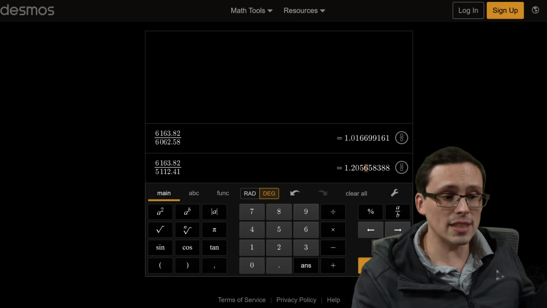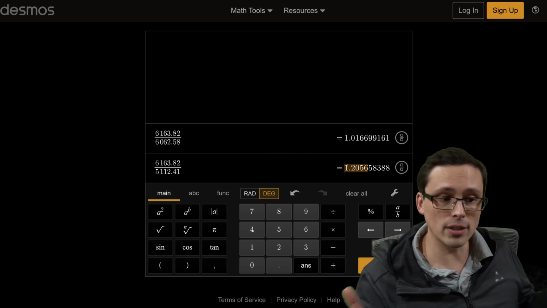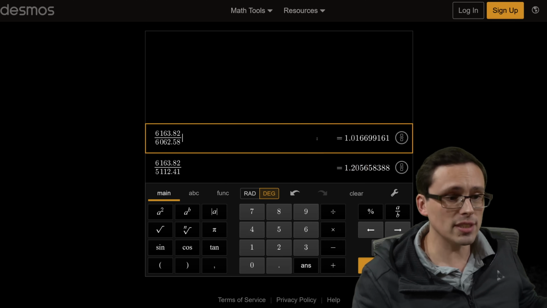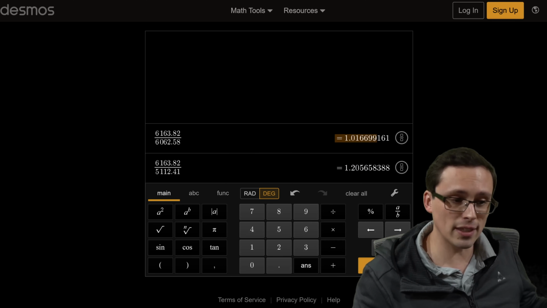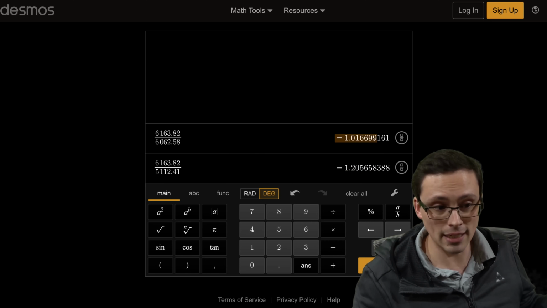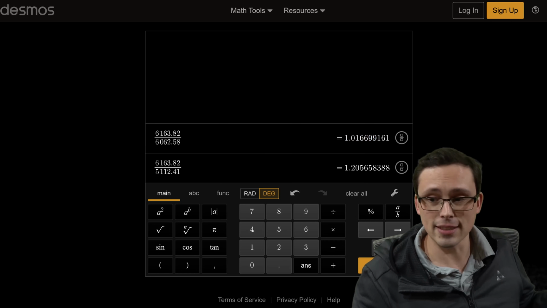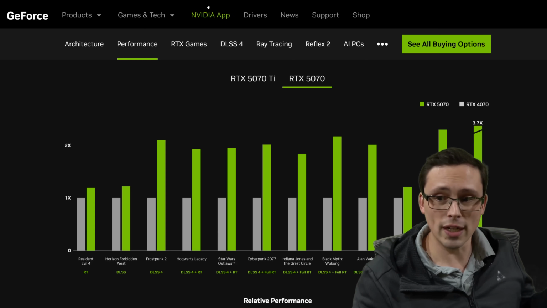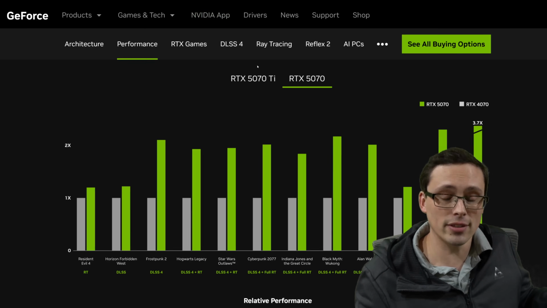So basically, 5070 versus 4070 looks like about a 20.5, 20.6% generational uplift, but versus the 4070 Super, which has been available at a similar pricing for a year now, less than 2% uplift. Now, this is actually very similar to what Nvidia has officially claimed ever since the announcement.